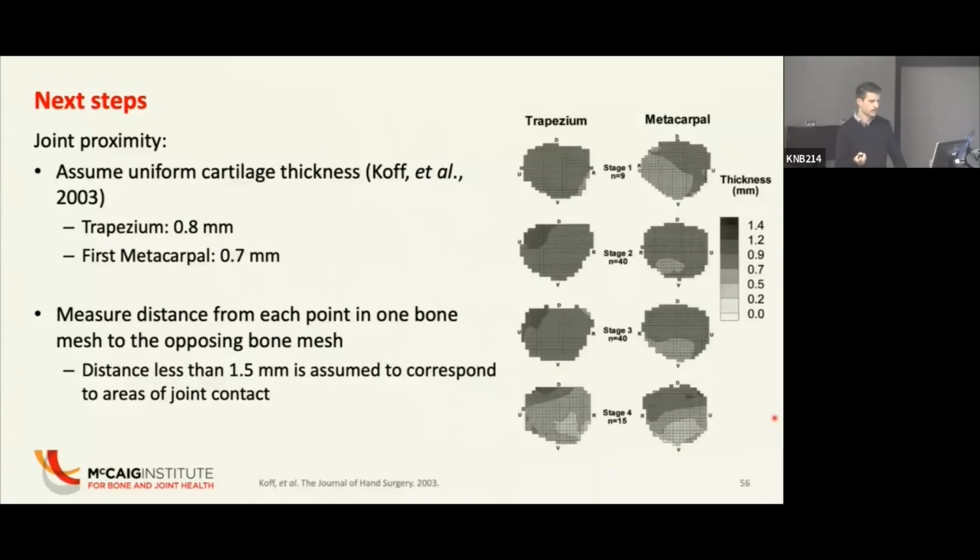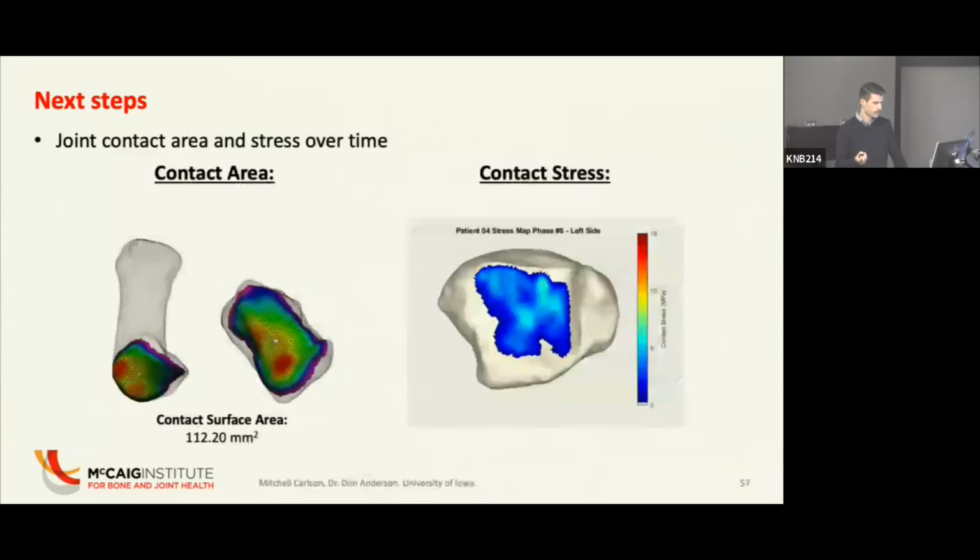And from there, we can even look at things like joint stresses. This is just some preliminary work of the TMC joint showing the joint contact area. The red areas indicate where we have distances less than 1.5 millimeters, or the summation of the estimated thicknesses of the first metacarpal and trapezium cartilage.